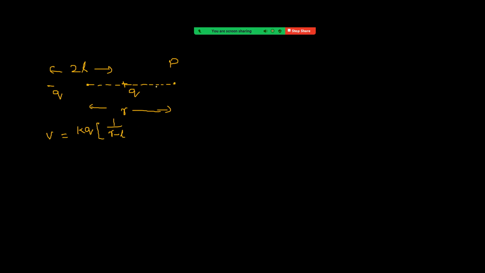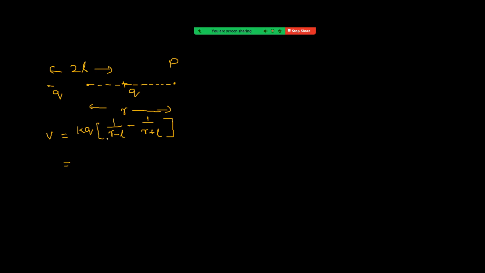So from the positive charge to P, it is r minus L. Next, because of negative charge, potential is negative, so I'm taking minus kq by r plus L, right? Then see what we get.